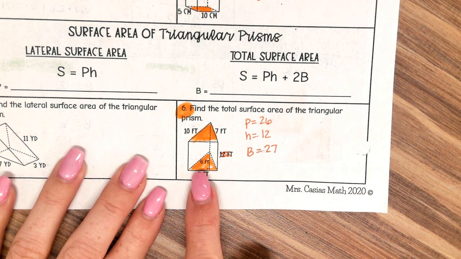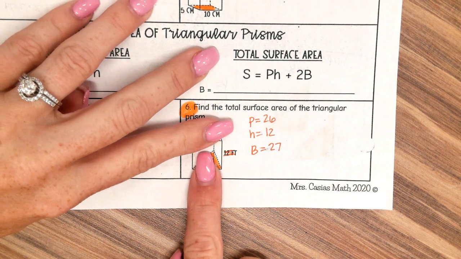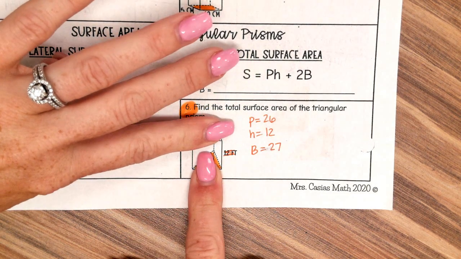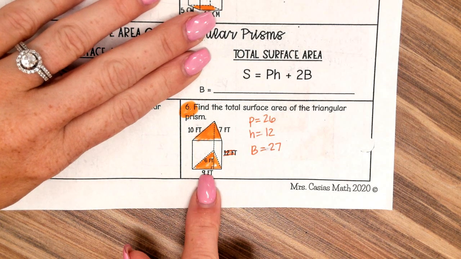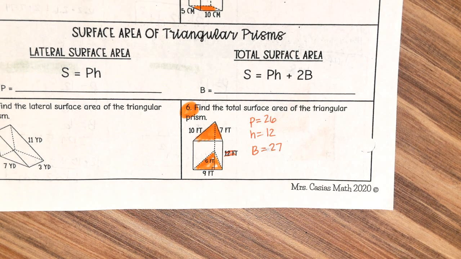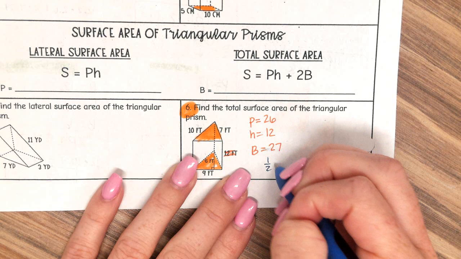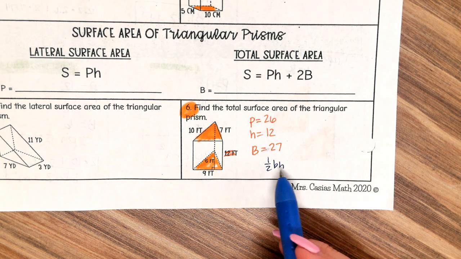Okay, the bases are the two I highlighted, right? So the height was connecting them, which was 12. Did you get that? Then for P, you should have added 10, 7, and 9. Yes? What does big B mean? Area of the base. It's a triangle. So you had to do 1/2 times base times height of the triangle. So where would I find those two numbers?